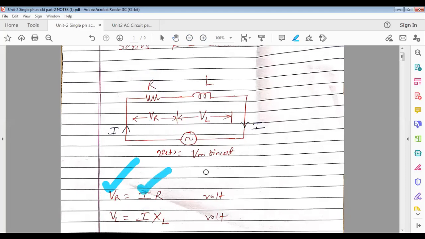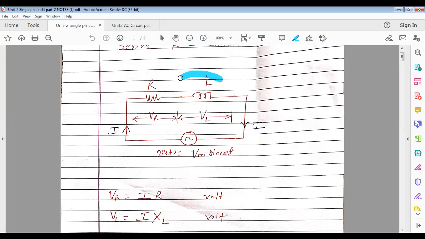Got it, everyone? If you are considering VR in peak, then I also will be peak. While doing calculations, take care of it. And if you are asked to calculate the current or the voltage, it means you always have to find the RMS value. All calculations we'll do only in terms of RMS value.